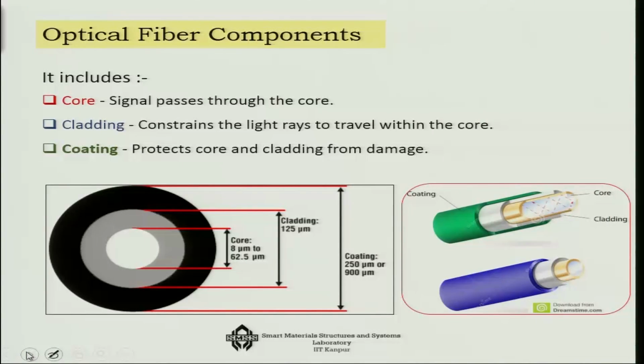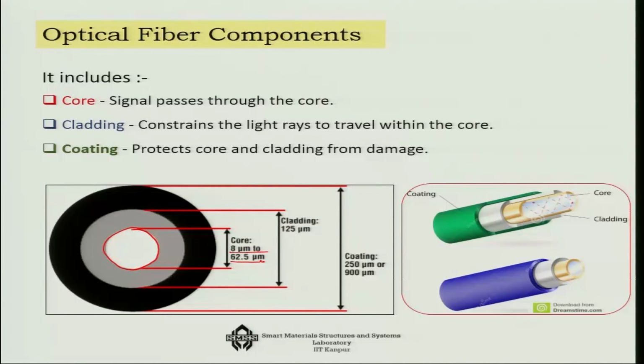Now, what exactly is the composition of the optical fiber? If you take a cross section of the optical fiber, you will see that at the very center there is the core, about 0.8 micron meter to 62.5 micron meter in diameter, which actually passes the signal.